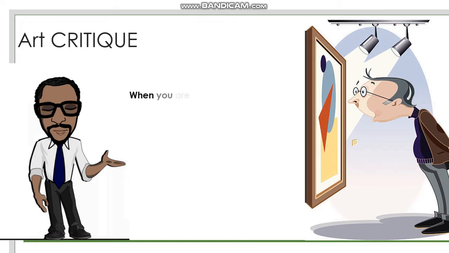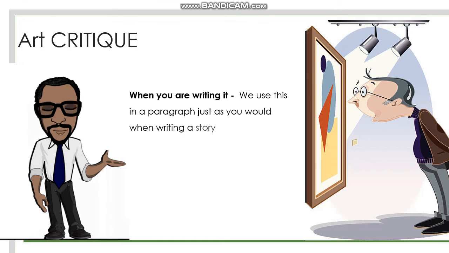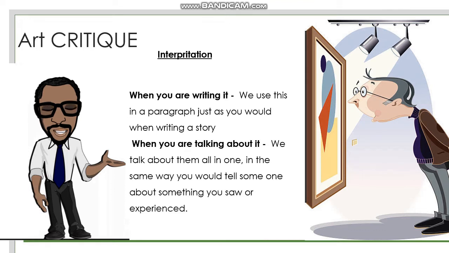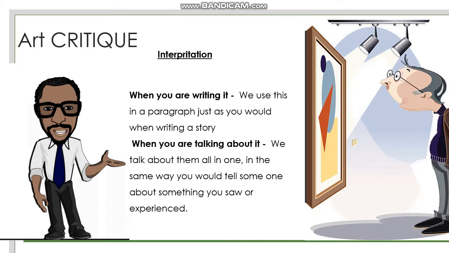When you are writing it, we use this in a paragraph, just as you would when writing a story. When you are talking about it, we talk about them all in one, in the same way you would tell someone about something you saw or experienced. When this is done, our interpretation would be completed.